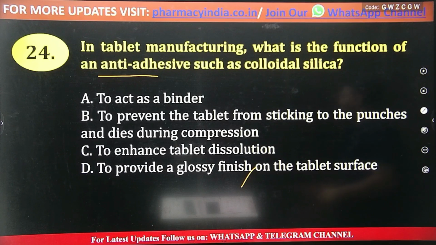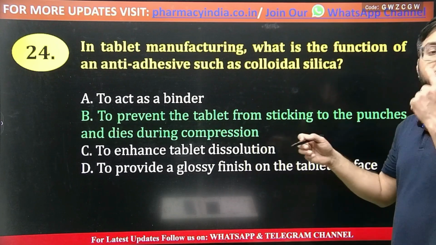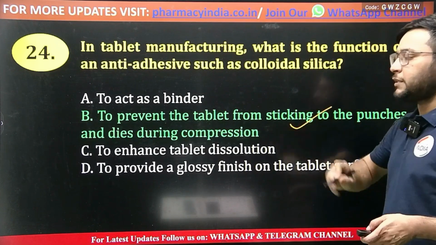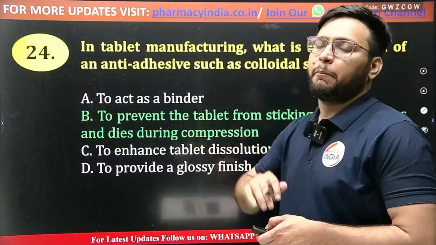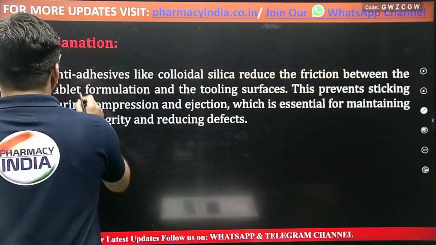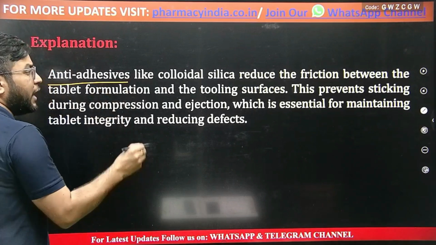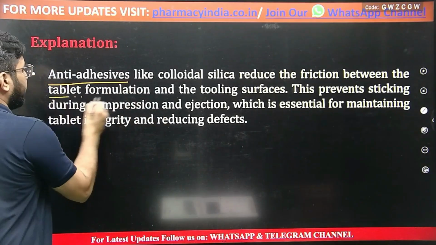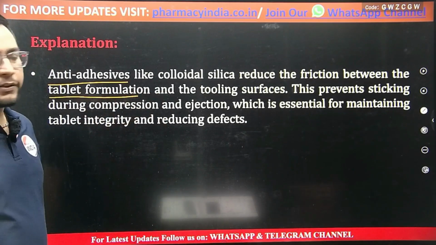What actually is it all about? That is to prevent the tablet from sticking to the punches and dies during compression. That is the correct answer. Anti-adhesives like colloidal silica reduce the friction between the tablet formulation and the tooling surfaces.